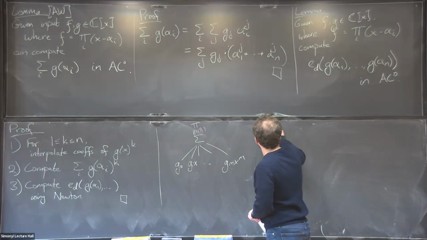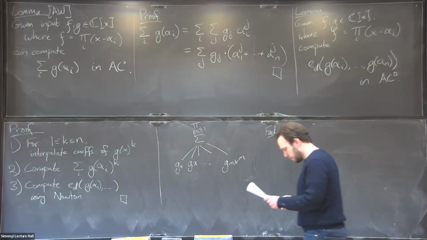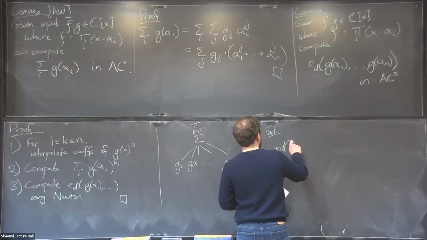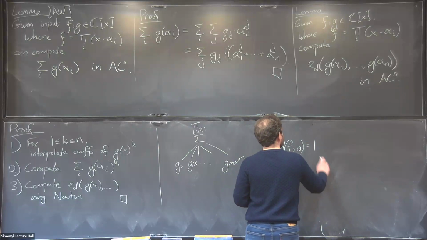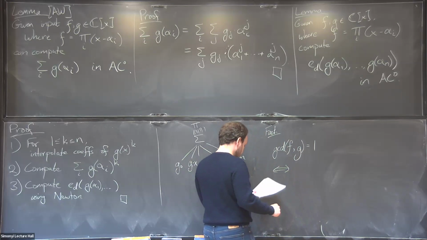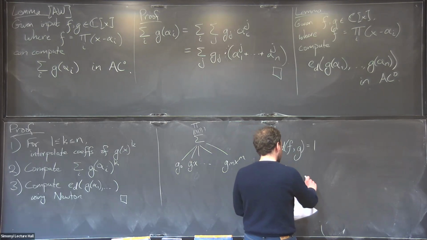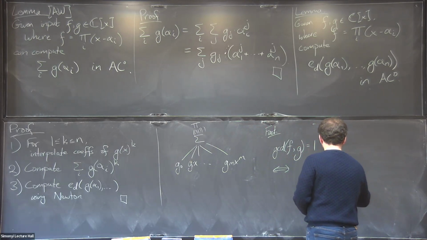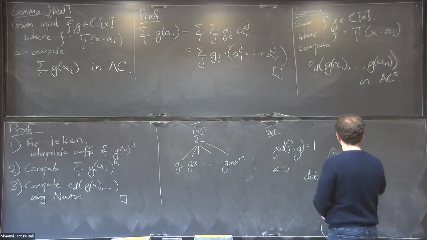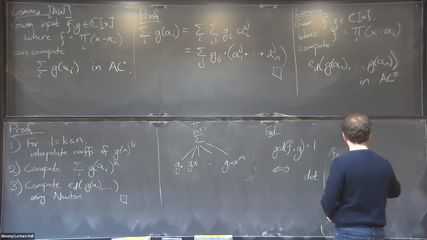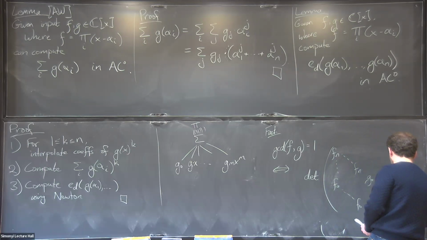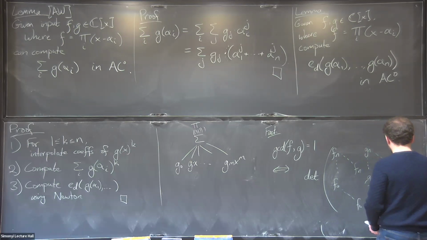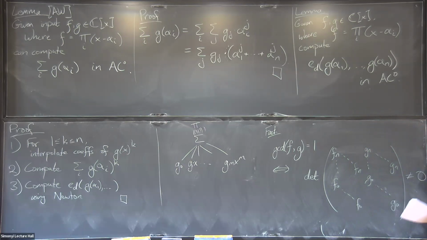Okay, so now I want to go back to the GCD. And I showed you this interesting set of linear equations earlier, so we're going to come back to this. I don't want to prove here that the GCD of two polynomials is 1 exactly when the determinant of this matrix I drew at the beginning of the talk is nonzero, that is, this matrix should be invertible.